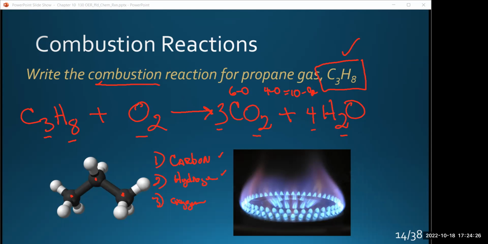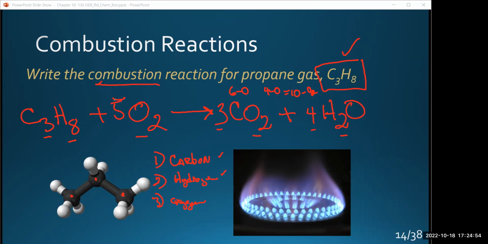So now we go back to the reactant side, take that 10, divide it by 2, and stick it right in front of O2. Now we have 10 oxygens on the left-hand side. 3 carbons, 8 hydrogens on the left-hand side, and on the right side, the same 3 carbons, 10 oxygens, and 8 hydrogens.